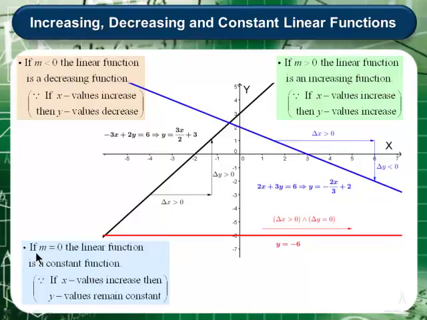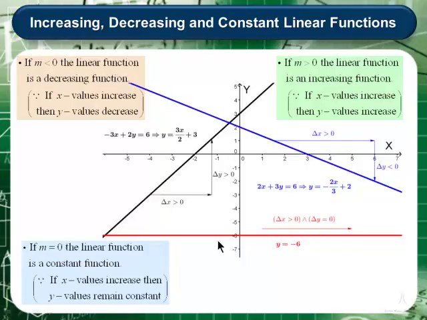And finally, if the gradient is 0, like in the case of this red line, this of course is a constant function. Then we say it is such because if the x values increase, then the y values remain constant. Let's check it. If you pick any 2 points on it, then the delta x is positive, so it increases, and delta y for any 2 points will be 0 because it goes from -6 to -6, so delta y is 0.